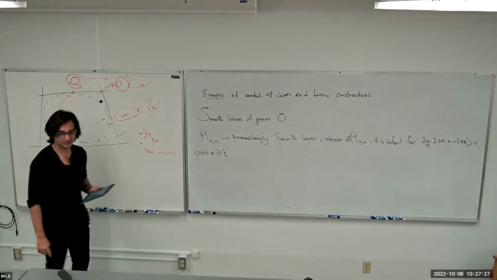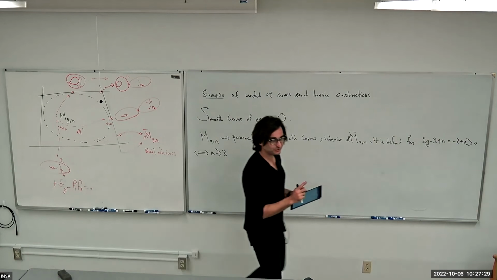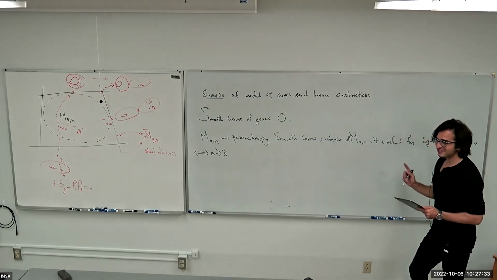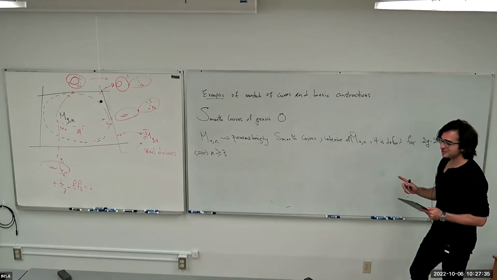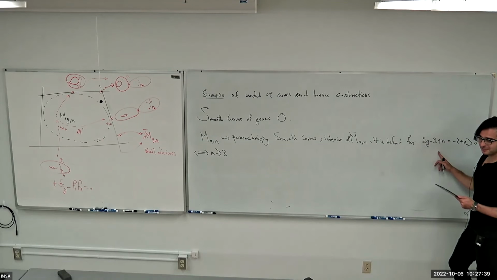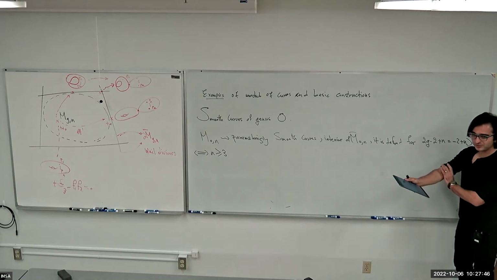You're looking at genus 0 curves, and you would like to have a space that parameterizes them with finite automorphisms. This constraint already captures the thing that we discussed last time. To capture this constraint, n needs to be at least 3 special points or 3 marked points.